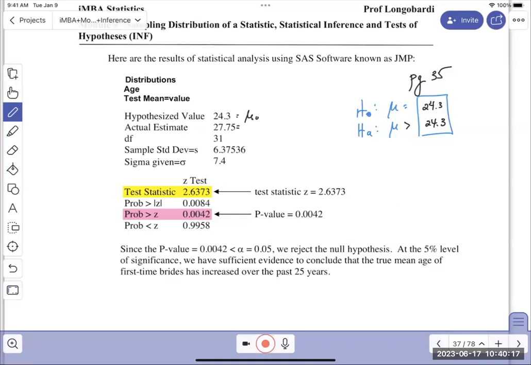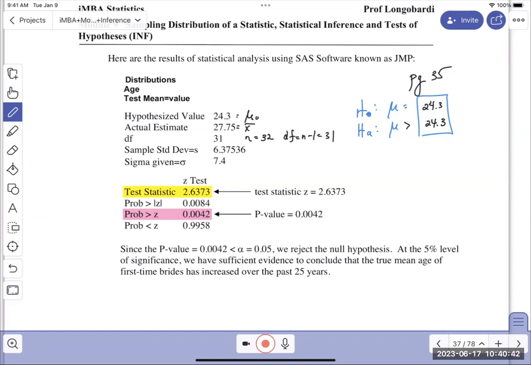This is the actual estimate X bar. And then you're told about degrees of freedom. So there's degrees of freedom 31. So that means N is how much? When N is 32, degrees of freedom, which is N minus 1, is 31.